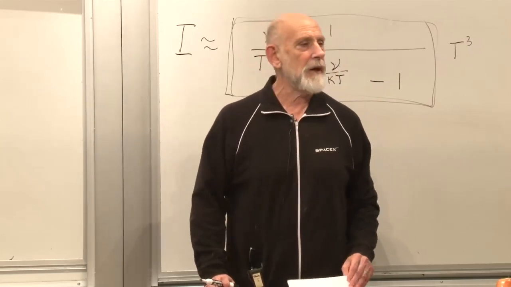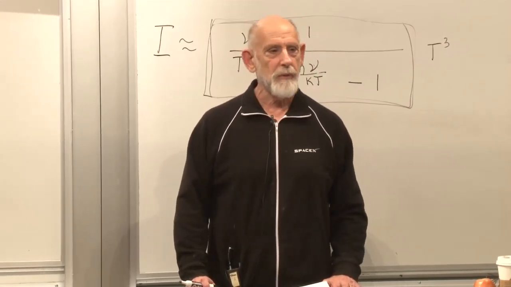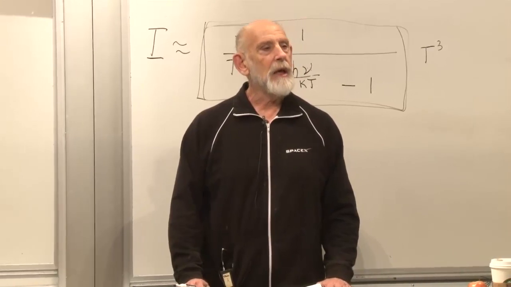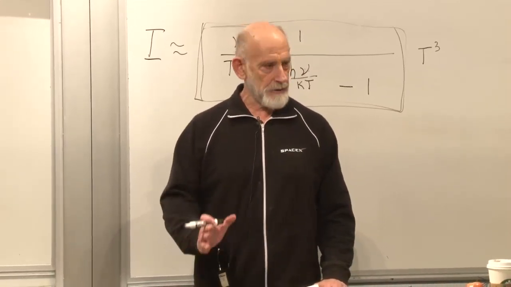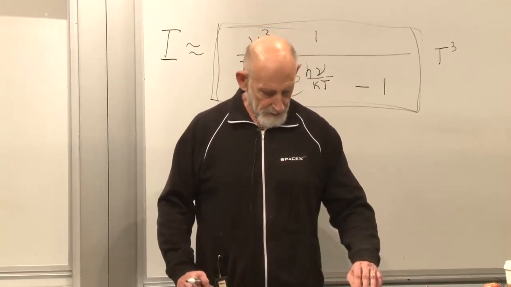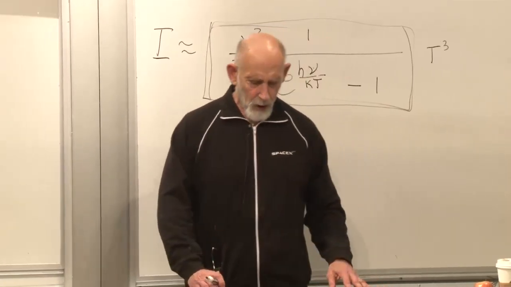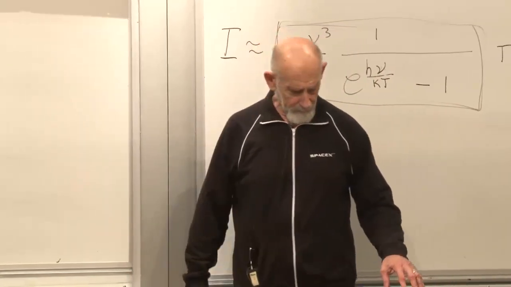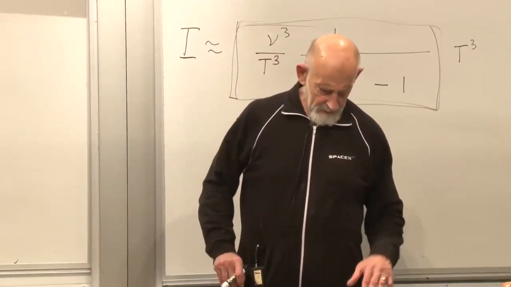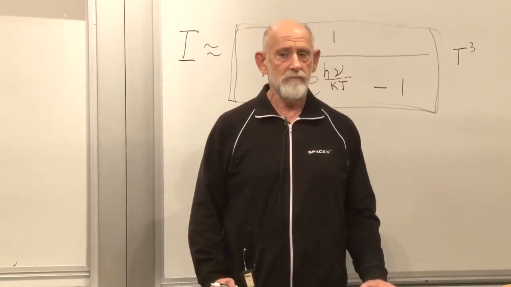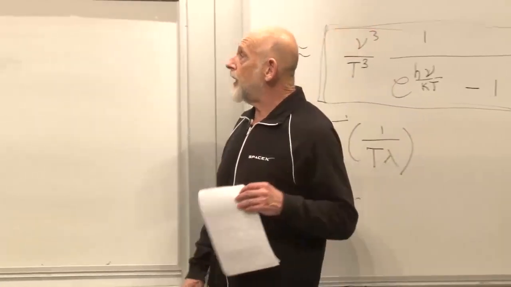The fact that there is a temperature associated with the black body radiation is a kind of accident, and we'll come to what that accident is. Okay, so when the temperature is too low in the box, the radiation decouples.